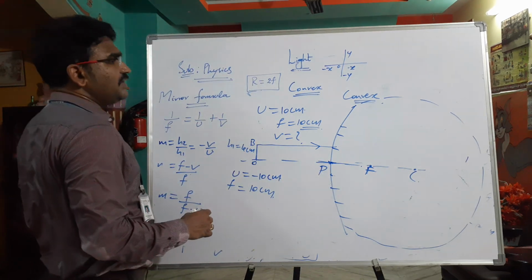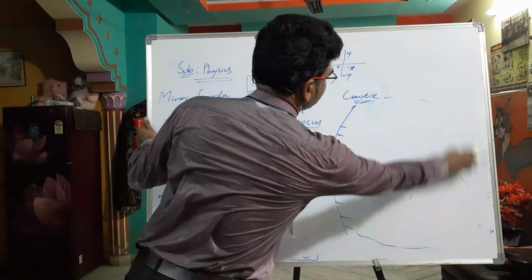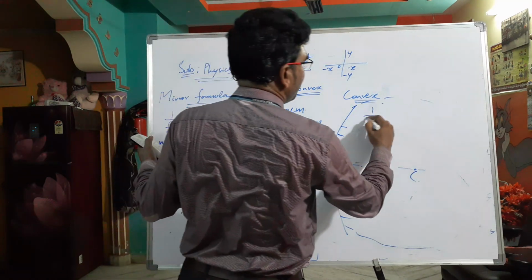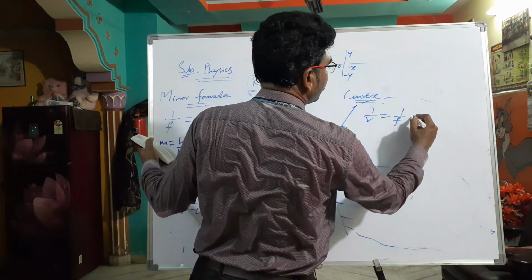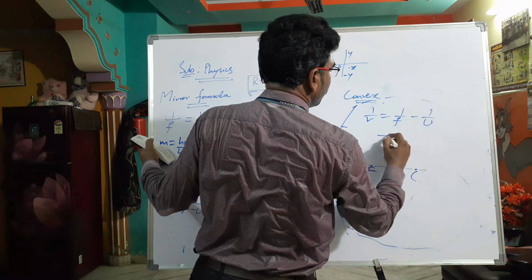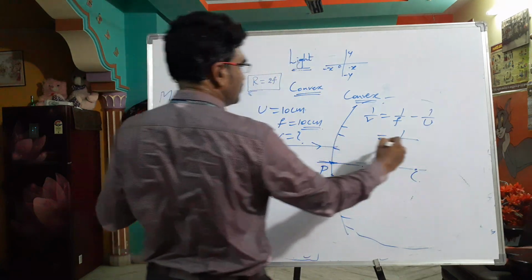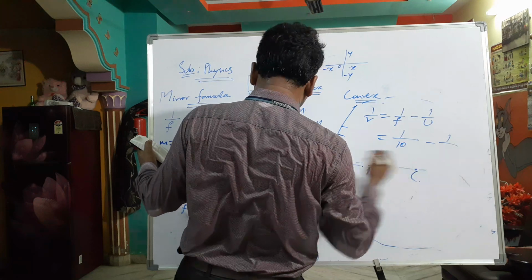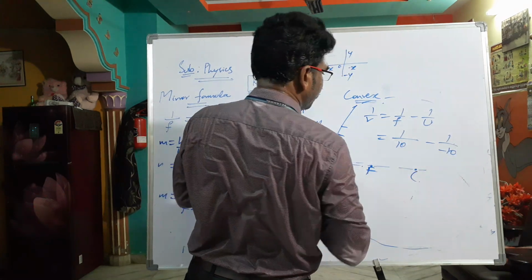We want to calculate V directly. Again, what will we do? 1 by V is equal to 1 by F minus 1 by U. 1 by F, what is the F value? 10, minus 1 by U, that is minus 10.